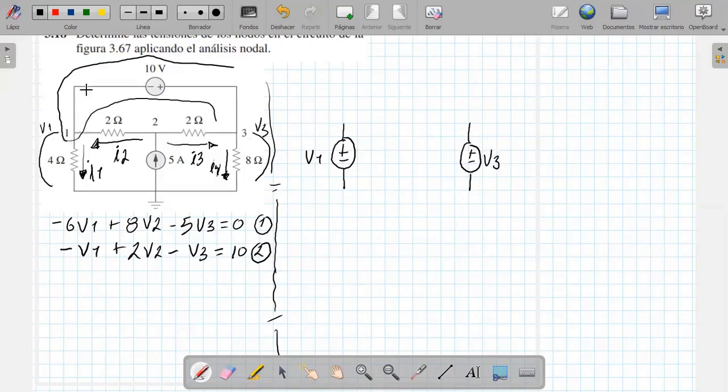So at this point V1 is connected to this source of 10 volts, which would be minus plus, 10 volts. And we close here on this common point.